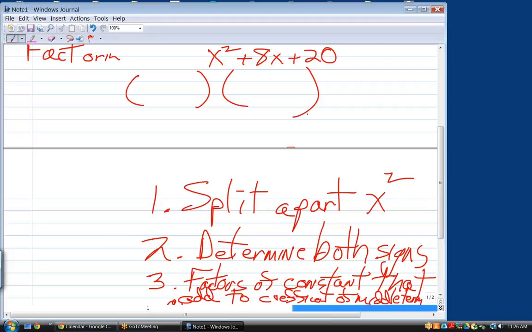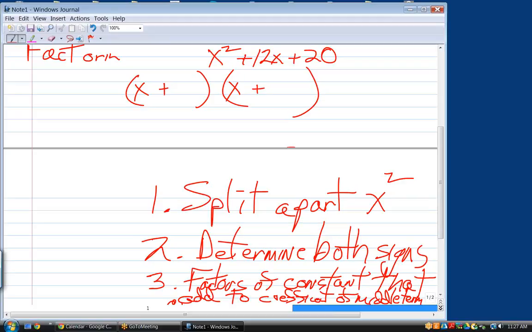Split apart the x squared. Excuse me, 3x. One moment. Made a mistake. Okay, sorry. So the first step is x and x. Second step is determine both signs. They're both going to be positive. You got it.